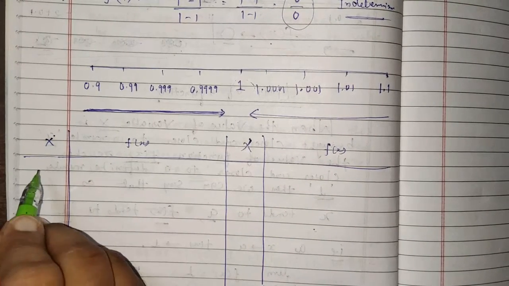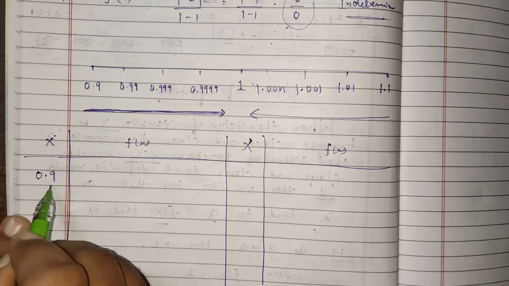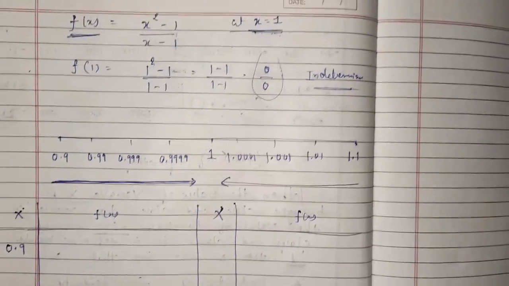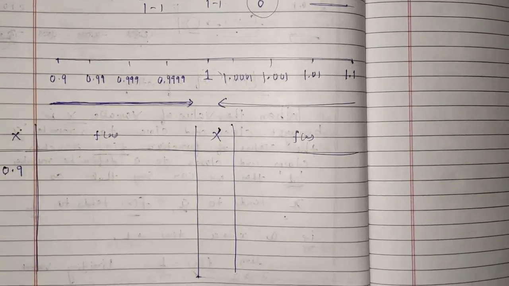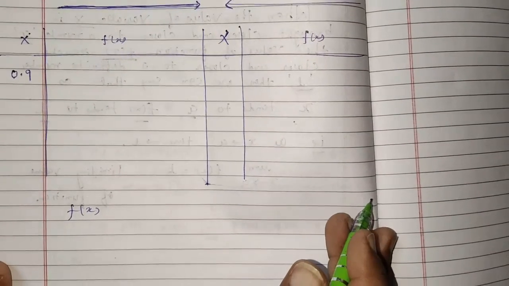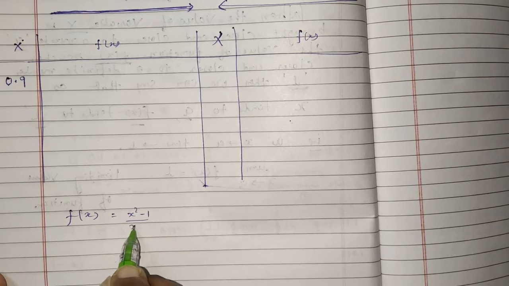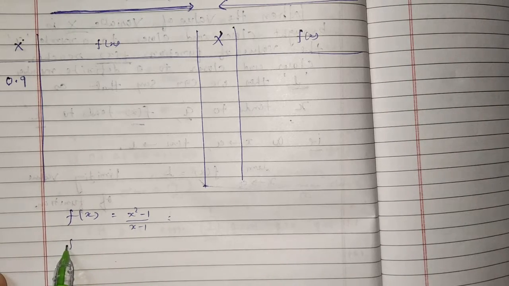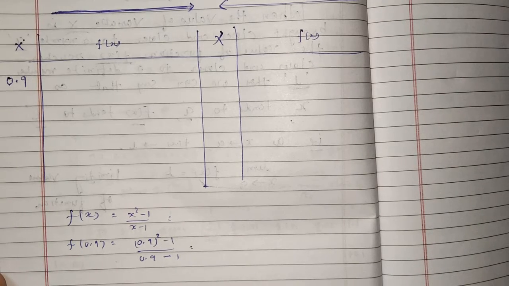Now for example we want the value from the left hand side, 0.9. Put 0.9 in the function f. See, f(x) is equal to x square minus 1 divided by x minus 1. Now put f(0.9). So 0.9 whole square minus 1 divided by 0.9 minus 1.